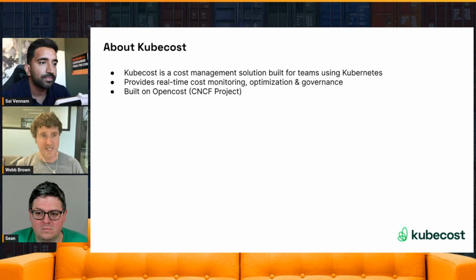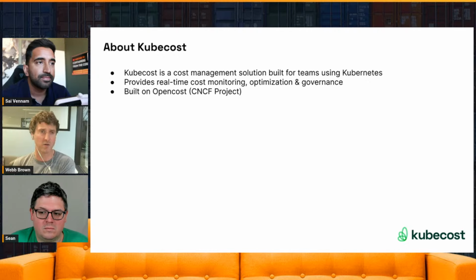It comes with deep insights into Kubernetes spend, but it also gives you visibility into related cloud consumption. So if your Kubernetes workloads are communicating with S3 or RDS, et cetera, we're going to be able to talk about that relationship, but also show you that spend specifically with those external cloud services.